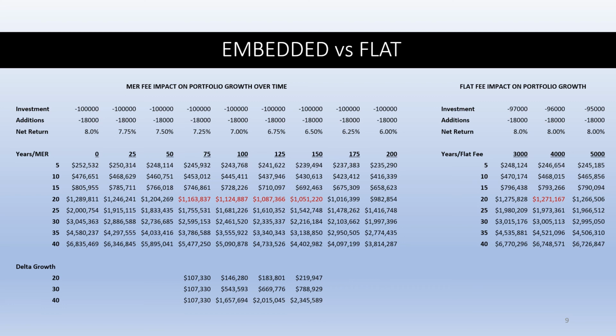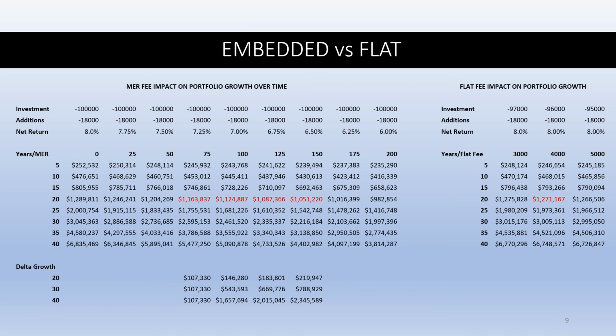But that's what we'll assume. Now, if we assume that you're paying, in the middle column, 100 basis points or 1% per annum in fees, your net return, instead of 8%, is now going to be 7%. And if we go down to the middle with the red columns, we see that 7% net return is going to accrue over 20 years, $1.1 million.